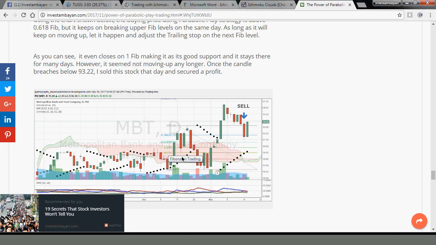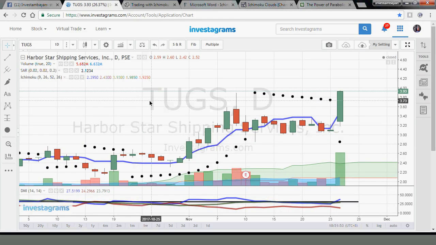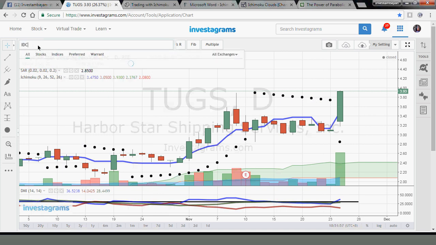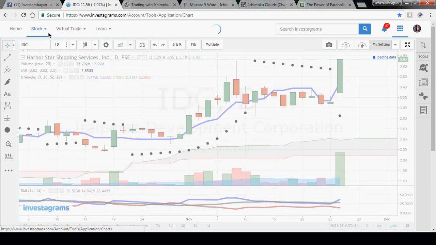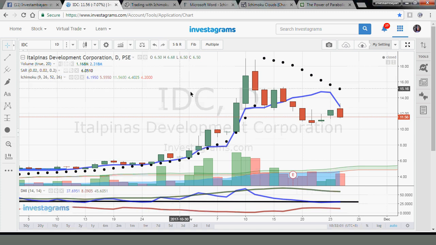Using Fibonacci. Halimbawa, nakabili ka na dito, sa area na to, paano ba tayo mag-trading stop?